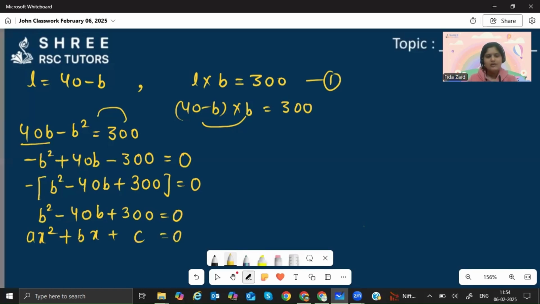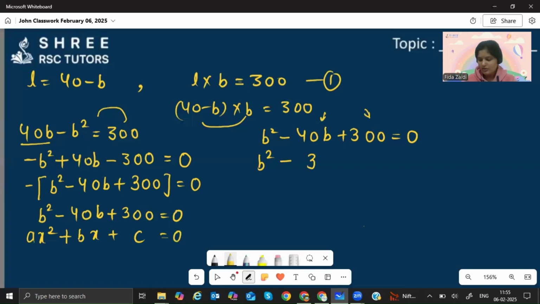Now you can factorize this. Means B square minus 40B plus 300 is equals to 0. What you will do? You will find numbers such that when you add them, you get 40, and when you multiply them, you get 300. So you can write 30 plus 10. When you add 30 plus 10, you get 40, and when you multiply them, you get 300. So now let's solve this.